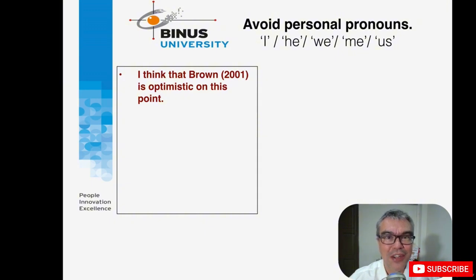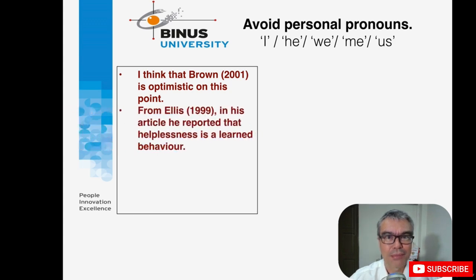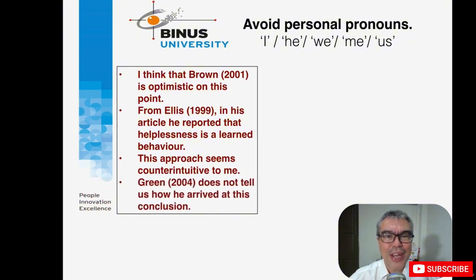Here we go with the first example. I think that Brown is optimistic on this point. From Ellis in his article, he reported that helplessness is a learned behaviour. The approach seems counterintuitive to me. Green does not tell us how he arrived at his conclusion.